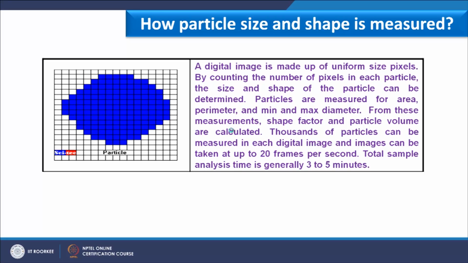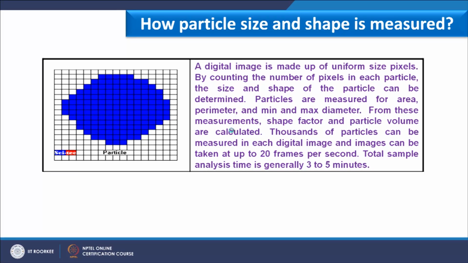How can we analyze this? It is shown in this slide. In this image, where a single particle is shown, which we call a digital image, a digital image is made up of uniform size pixels. These square or rectangular cells are called pixels, which are of uniform size.